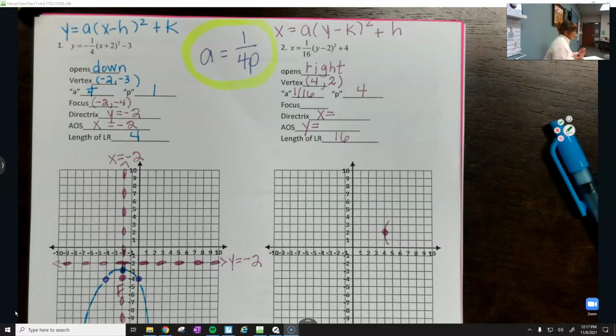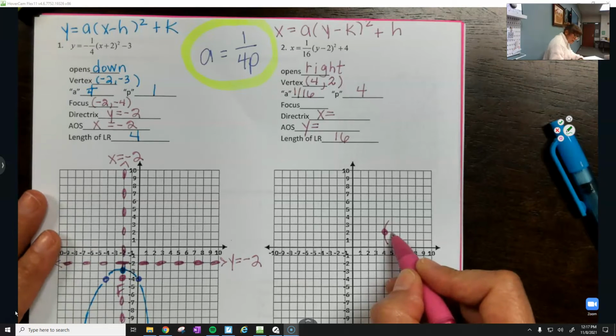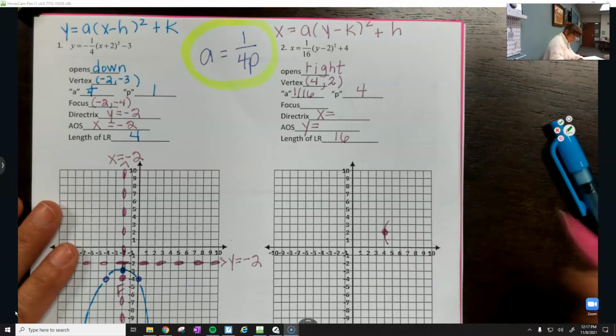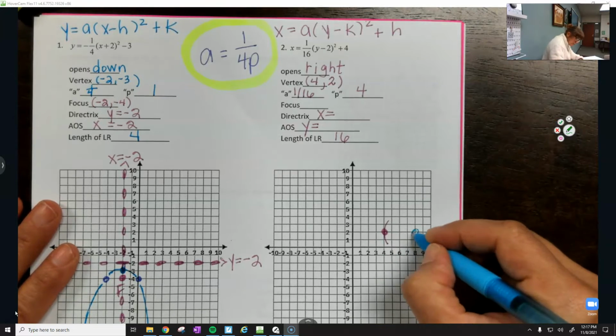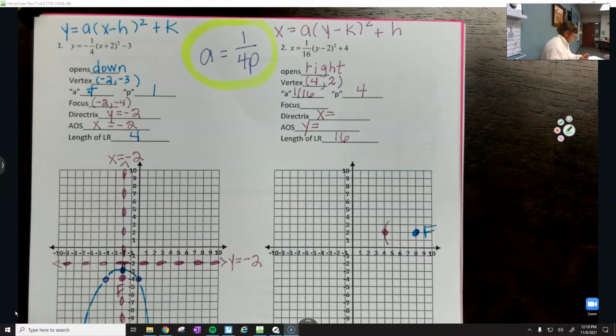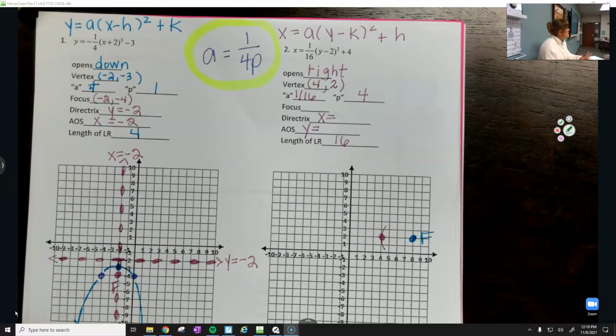Remember, the focus is always inside the parabola. So I'm going to go P places to the right and draw my focus. Just going to use a different color to help distinguish it's not part of the graph.